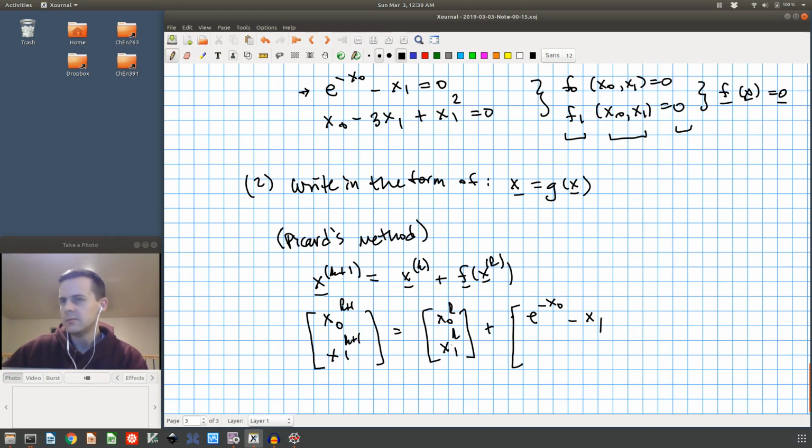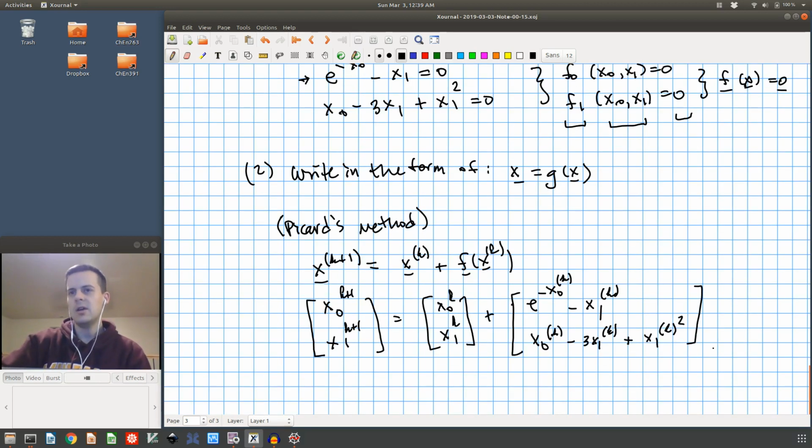Great. And these x's are going to be at k, because this is x of k. And then f1 is x0 at k minus 3x1 at k plus x1 at k squared.